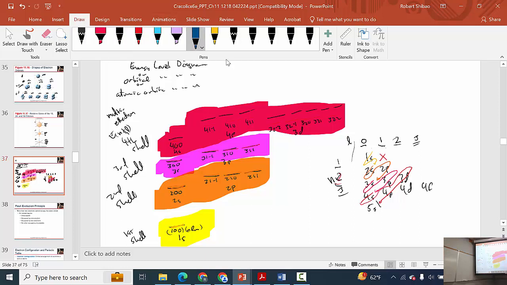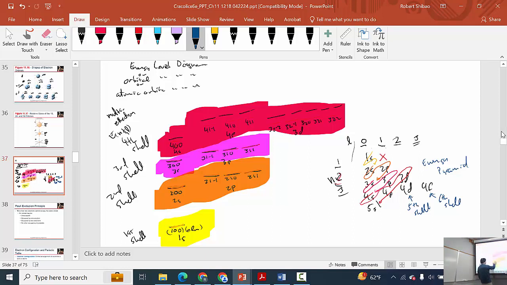And so let me write that here. The 4d end up in the fifth shell, and the 4f end up in the sixth shell. And how can we tell? What we do is we just have this energy pyramid. And so we end up with this.